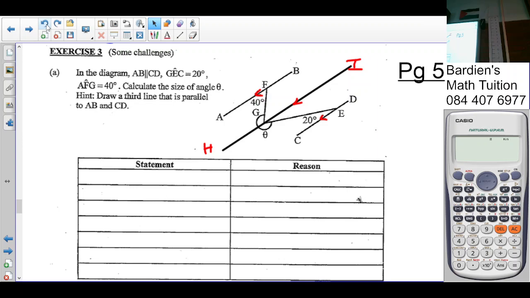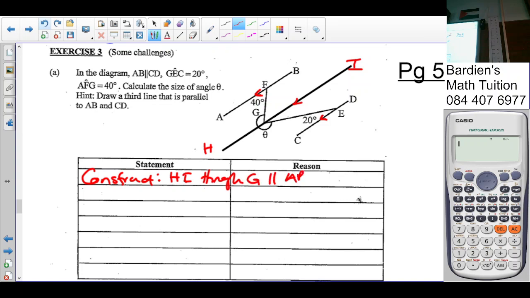So very important, when you answer this, since we are doing construction, we must say here, construction: HI parallel to AB. That's your construction. Actually, I construct HI through G parallel to AB or CD.